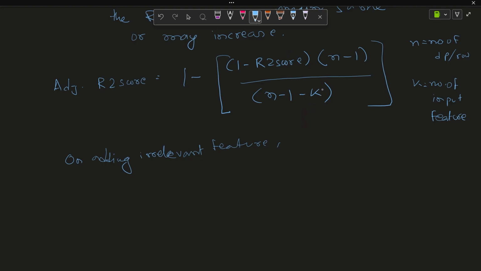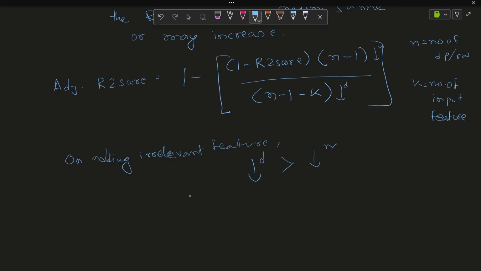But if k increases, overall it is going to decrease, right, because n is fixed, and n minus 1 minus k will be less. The denominator will decrease, but it will also decrease 1 minus R square in the numerator. So ultimately the decrease will be more in the case of the denominator.